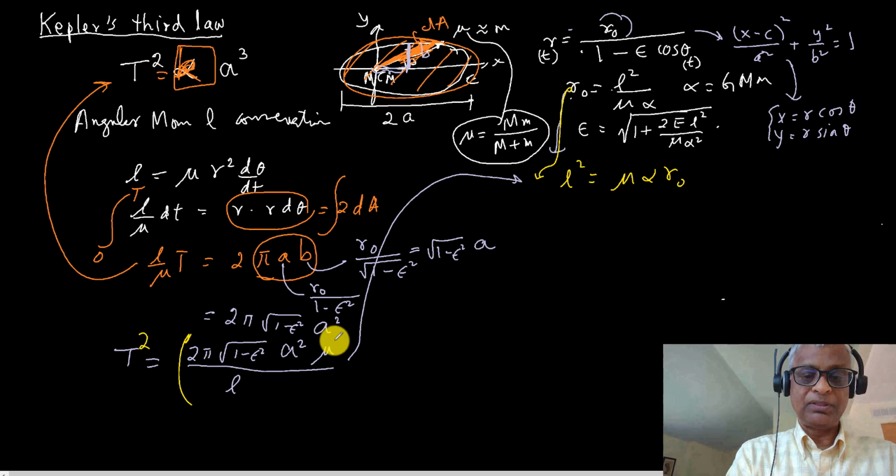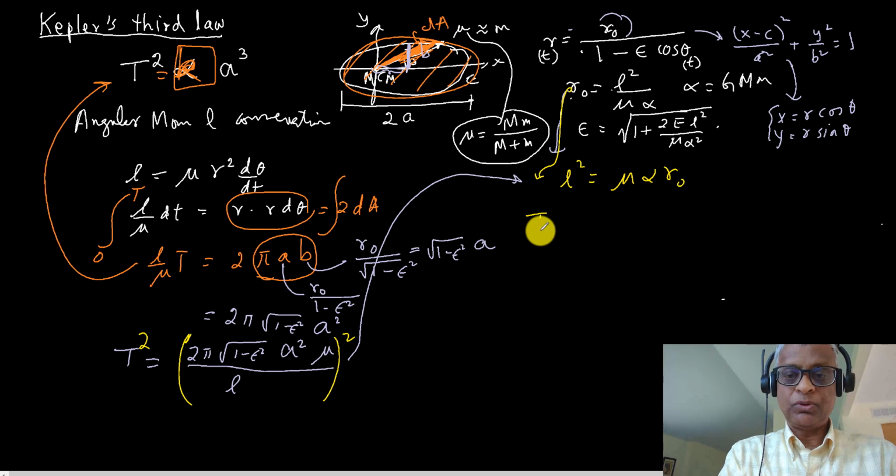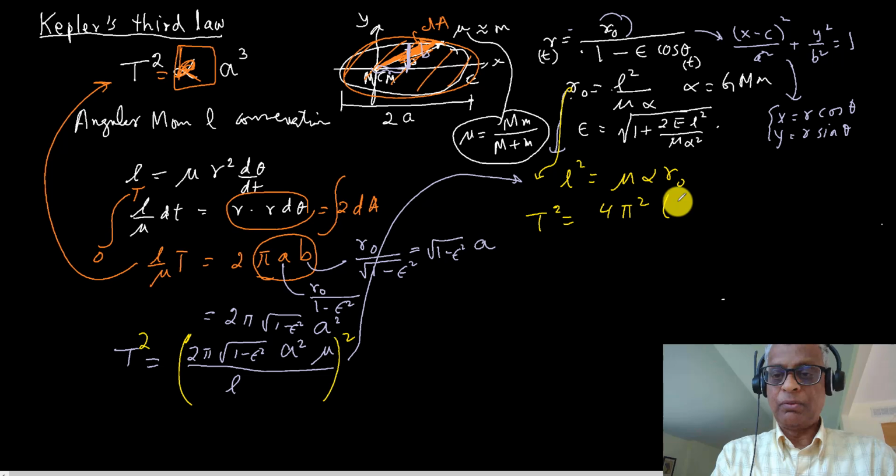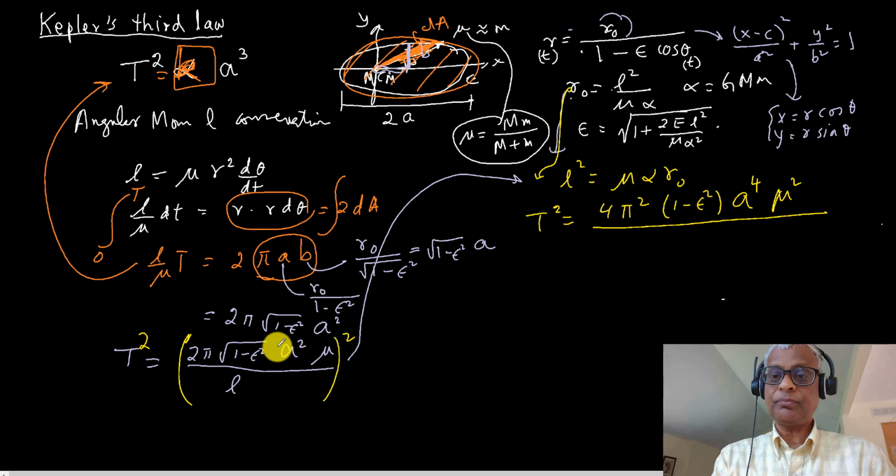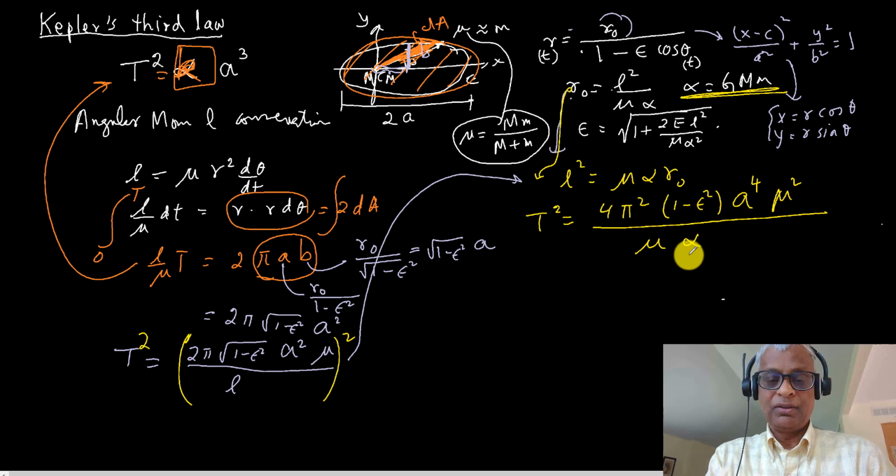So we have T square equals 4 pi square, 1 minus epsilon square, a to the power 4, mu square, over L square, and L square is mu times alpha times r0.